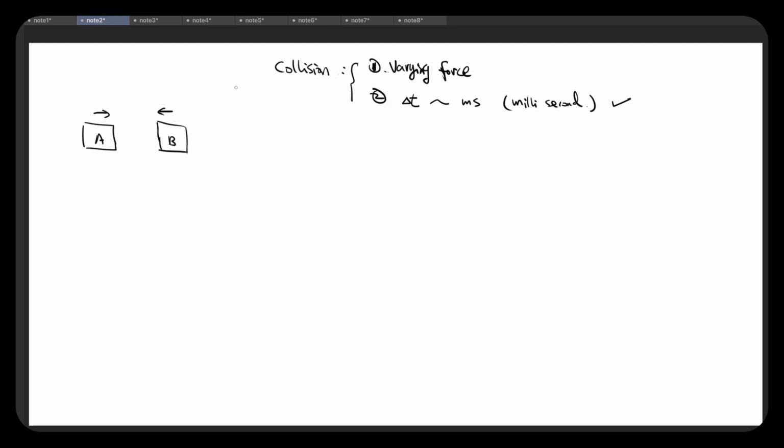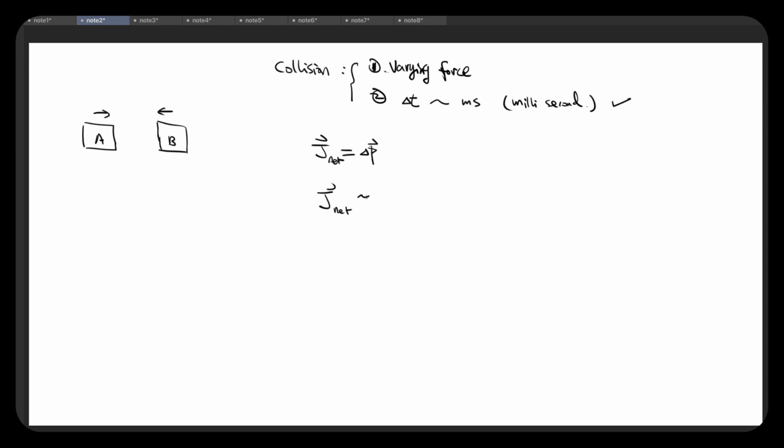So these are the two properties of a collision process, and then we're going to say that in such a process, we can apply the impulse momentum theorem in the sense that we can neglect the net impulse.